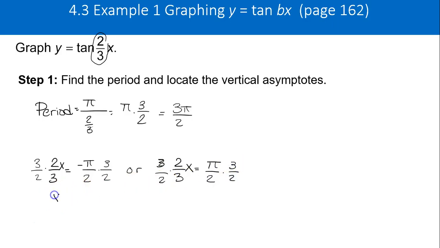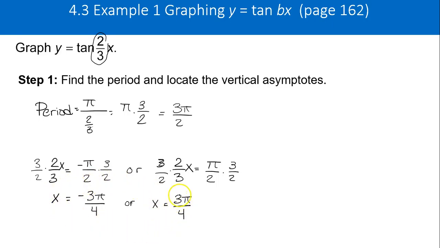And now this gives you x, and you have negative 3 pi over 4. And then on this one, you have positive 3 pi over 4.